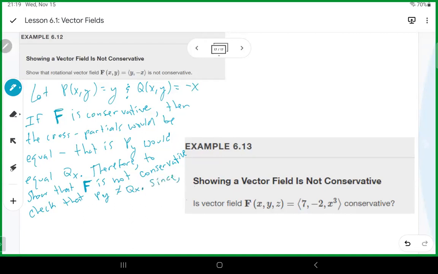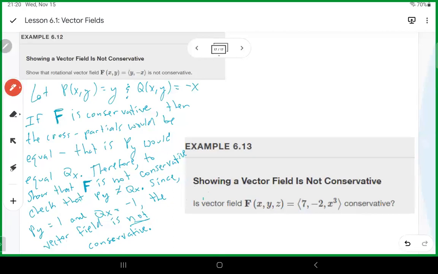Since P sub y equals 1 and Q sub x equals negative 1, the vector field is not conservative.